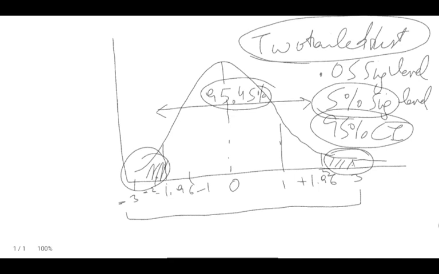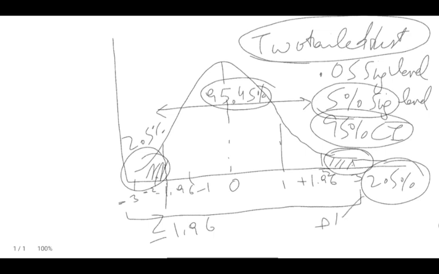Direction of the relationship is specified in a one-tailed test. So in this case, this 2.5% and this 2.5% data points are lying outside the normally distributed range of 95%, and the z-score corresponding to this is -1.96 and this is +1.96.